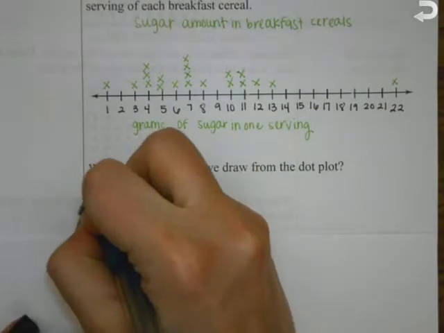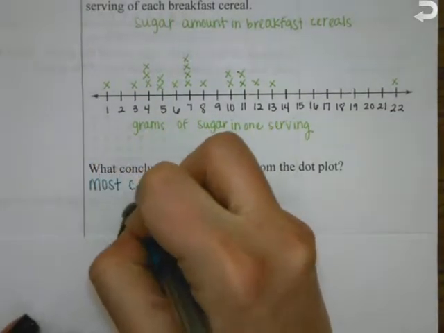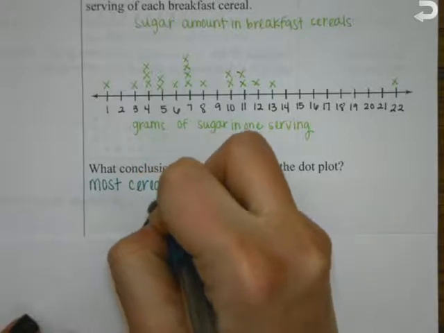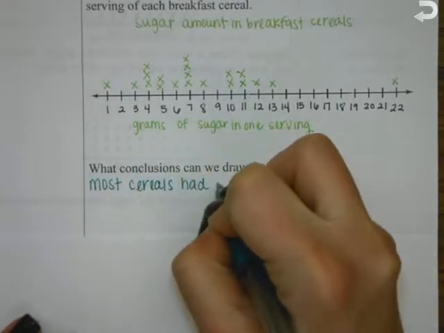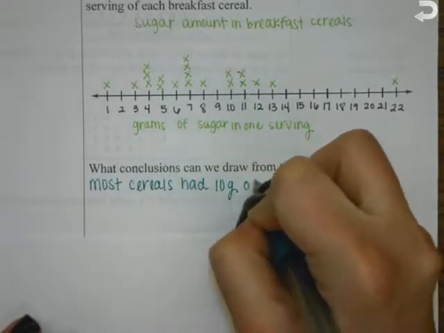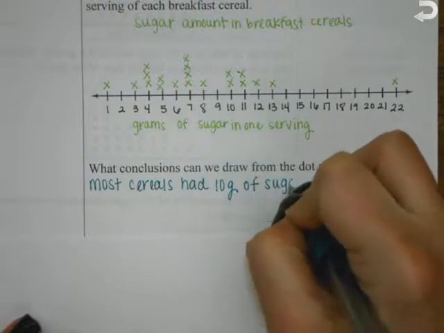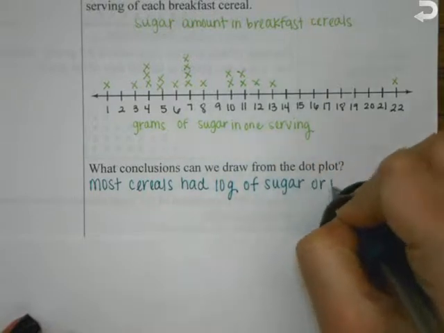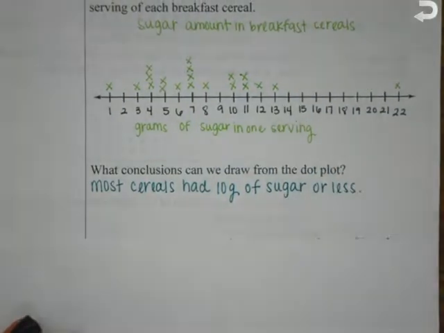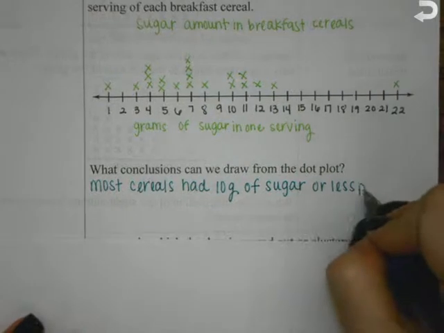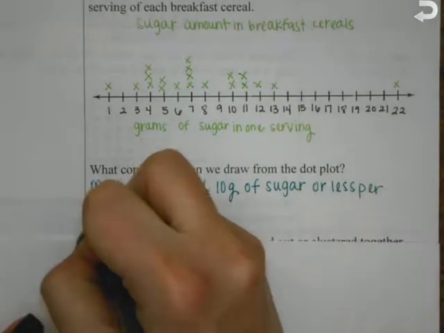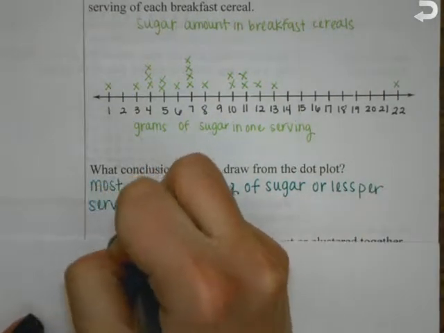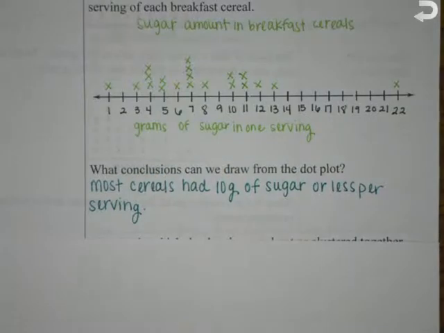So we noticed that most cereals had 10 grams of sugar or less per serving. That's good. Okay. So most cereals had 10 grams of sugar or less per serving.